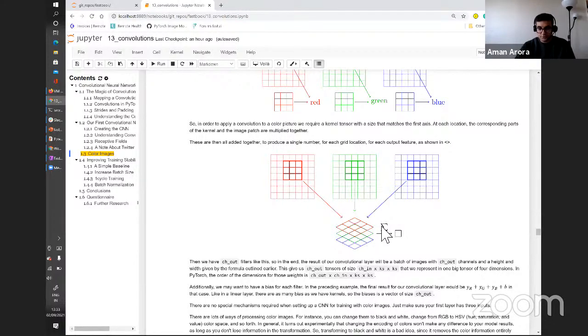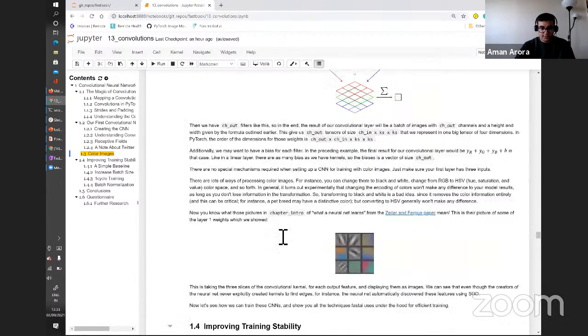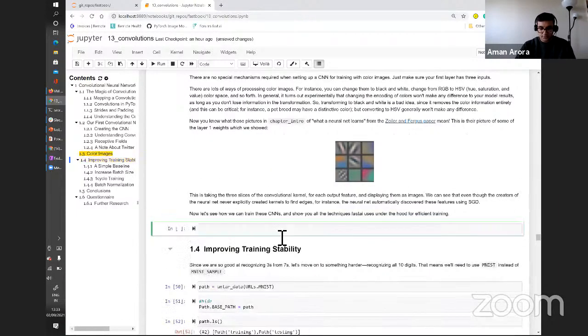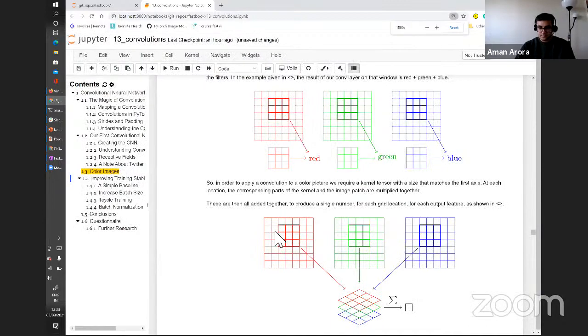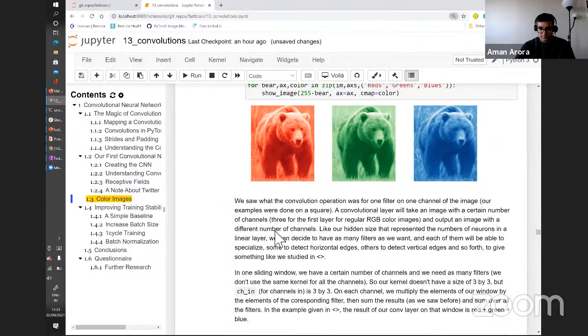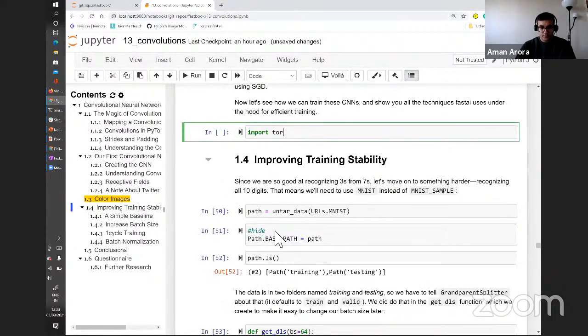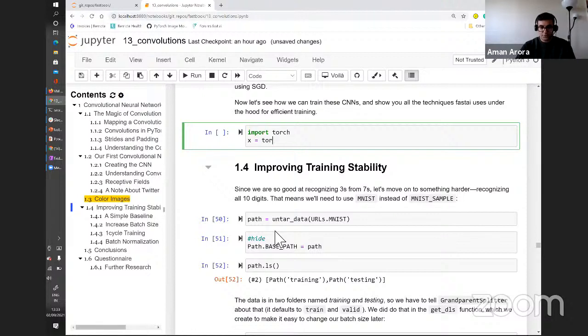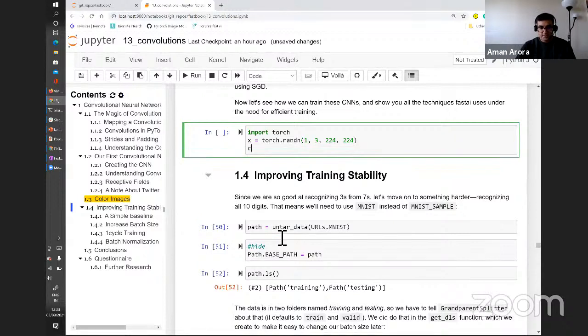So let me show you an example. Say I have my input, so import torch, my input is torch.zeros of 1, 3, 224 by 224. That just means I have a single 3-channel image of 224 by 224.